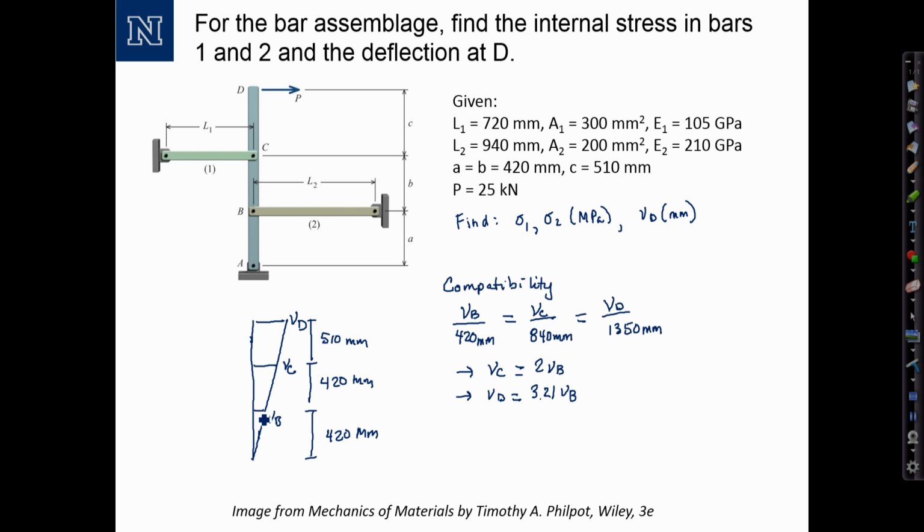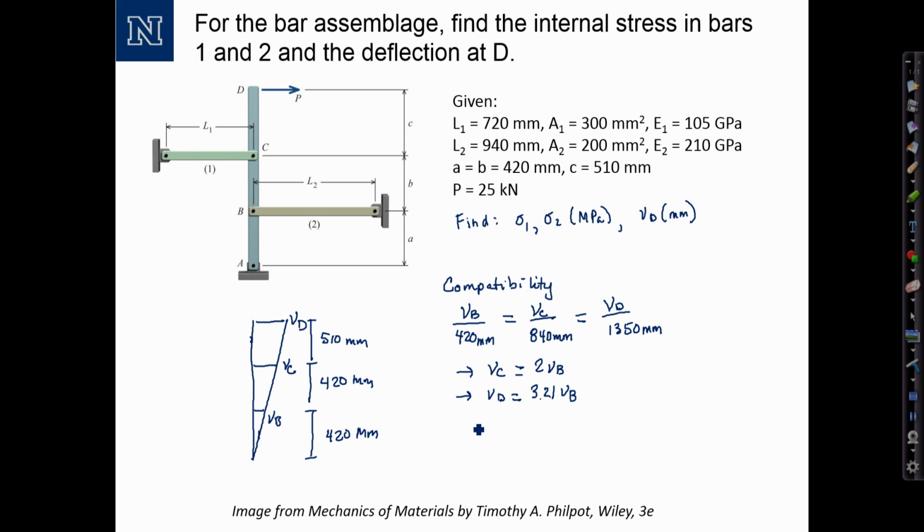Now I need to relate these total deflections, or movements, to the internal deflections in my bars, and I can also note that as point B moves over, bar 2 shortens by an equivalent length.